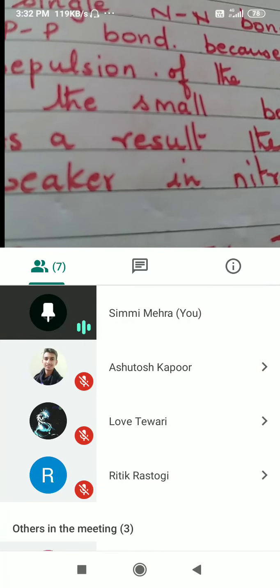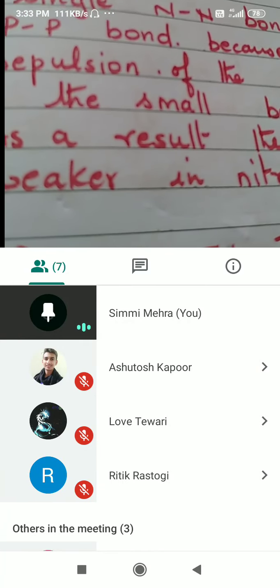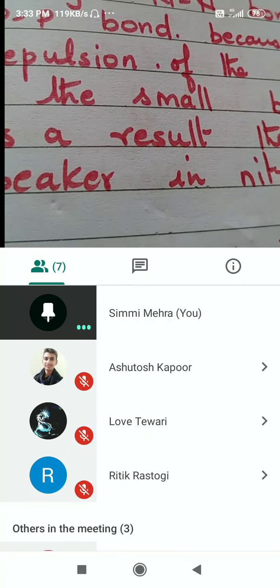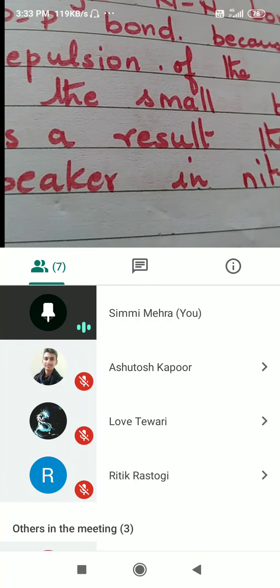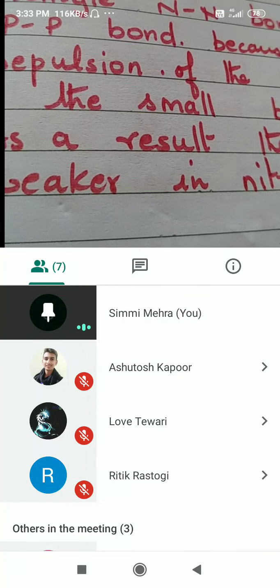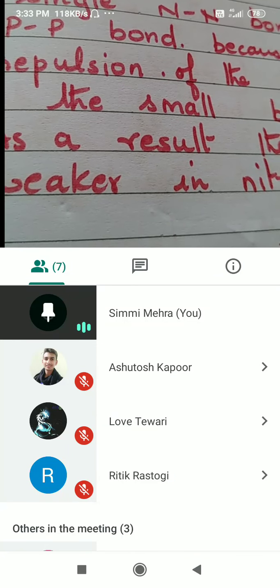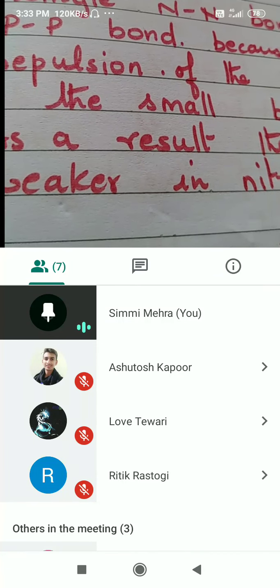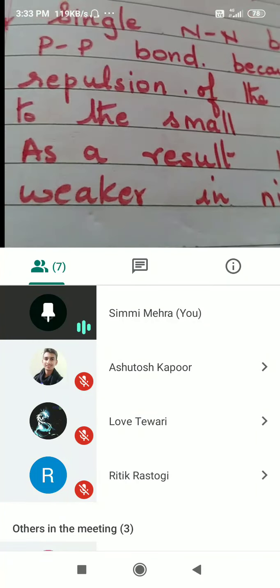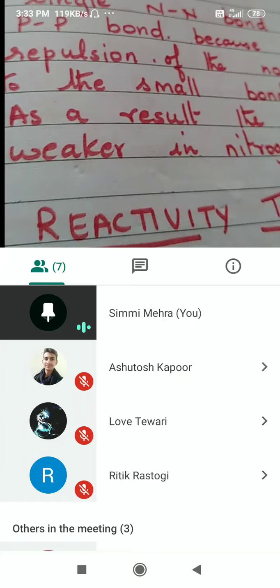Due to this inter-electronic repulsion, because of small size of nitrogen, a single bond in nitrogen is very unstable. So it cannot undergo catenation. Catenation means it will form long chain. It is not possible. Only two atoms are linked together, that too by a triple bond, not by a single bond. Is this clear to you?